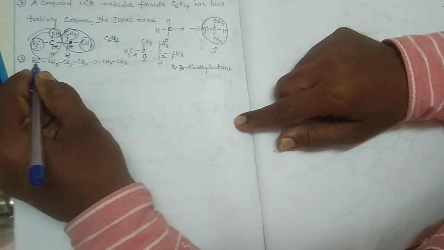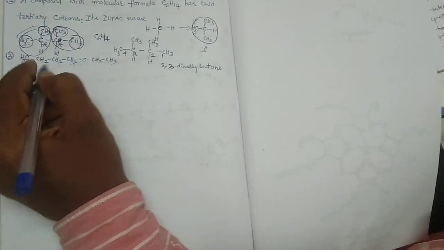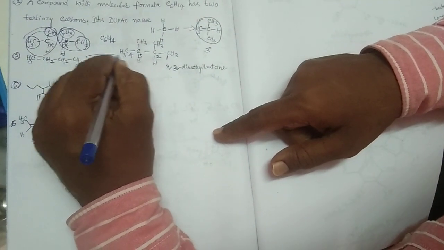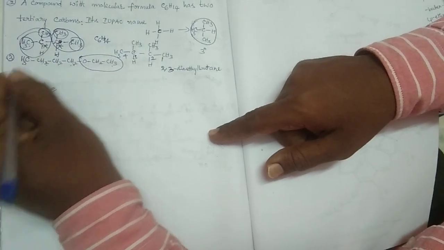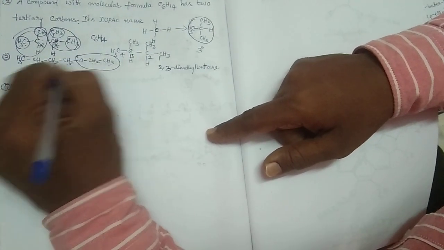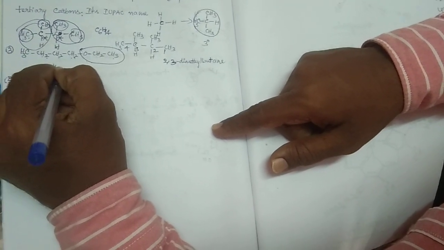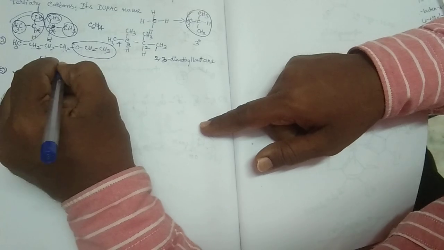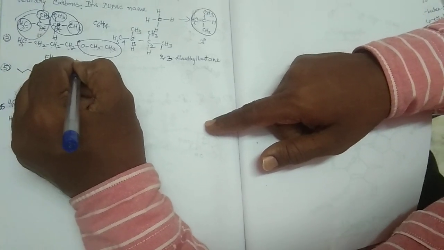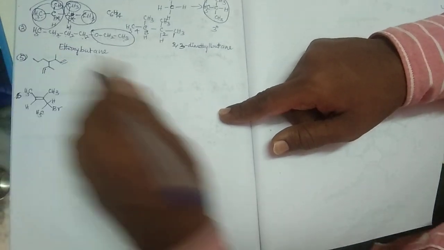So this side you have 4 carbon atoms and this side you have 2 carbon atoms. So you have to take it as a substituent followed by the root word. So this is called ethoxy butane. 1, 2, 3, 4 carbon atoms are there. This is ethoxy butane.